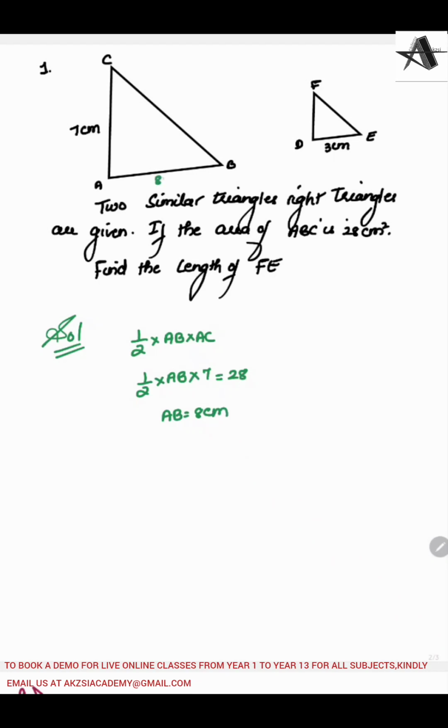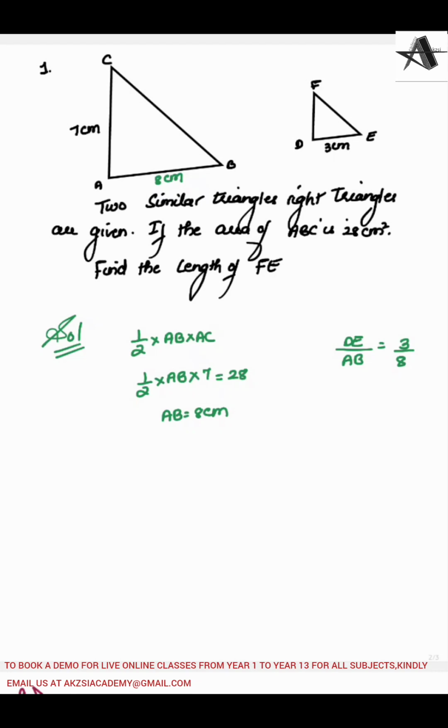Let me fill it in. I can now clearly understand the ratio. So how is AB transforming into DE? By the scale factor of DE over AB. That means 3 over 8. So if I multiply every length by 3 over 8, I'll get my smaller figure.